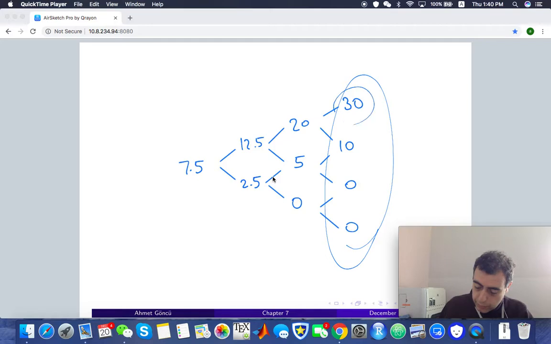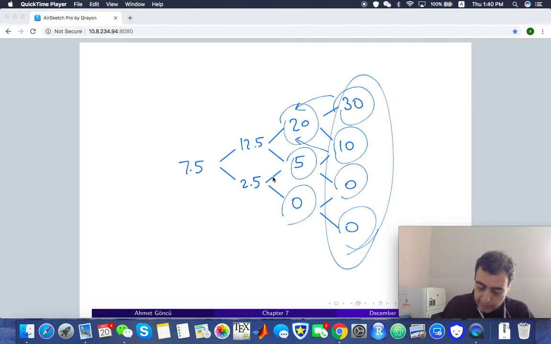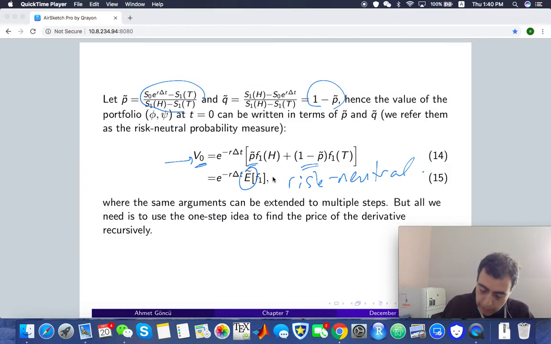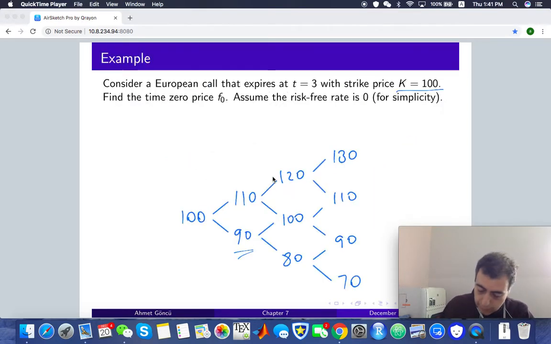So you need to first write down these payoff values, and then you need to go backward to calculate these values over here. And notice, what's the risk neutral probability in this case? We can notice that the risk-free rate is given equal to 0 in this case. So your P tilde is going to be, again, just the current price is 100.